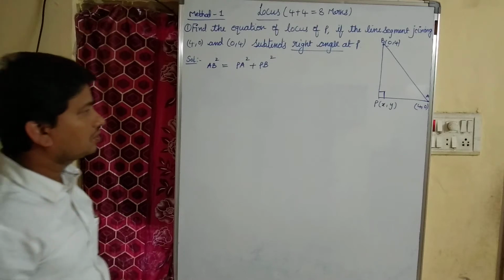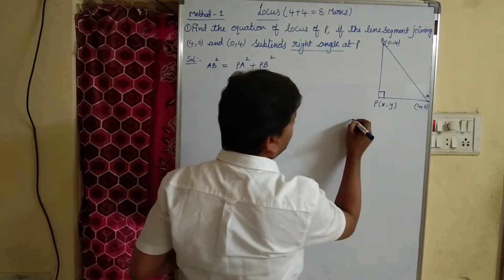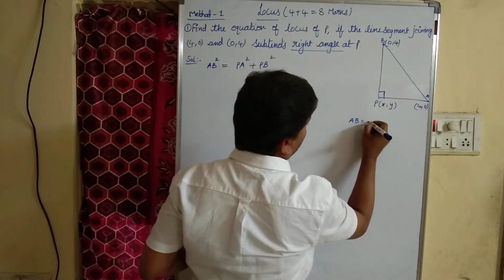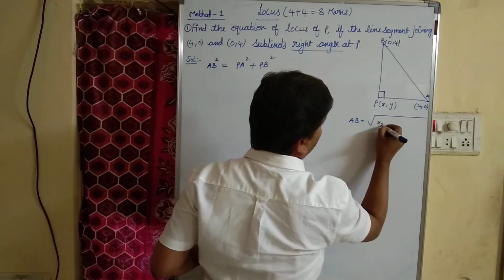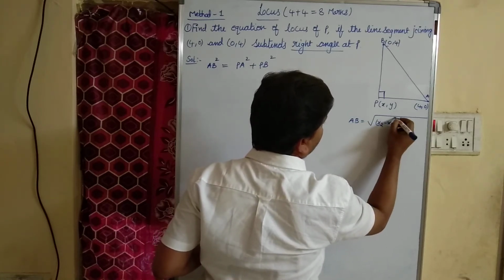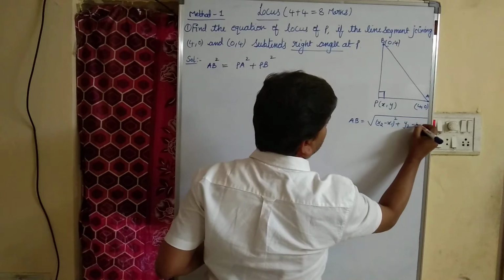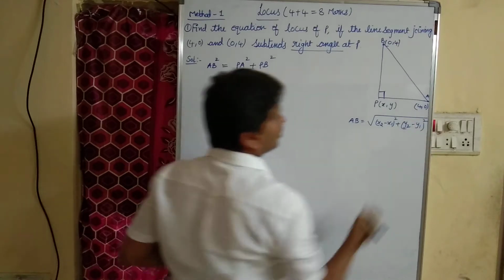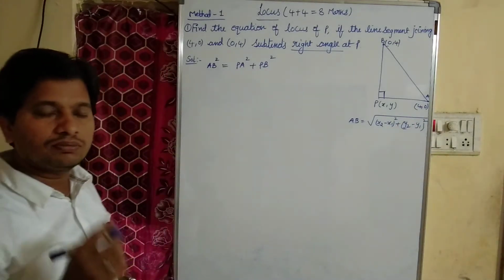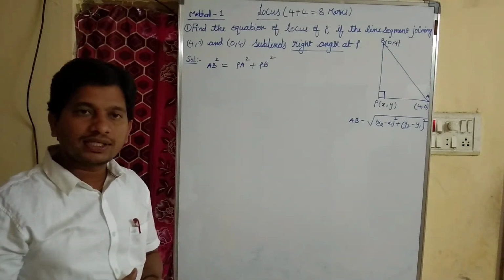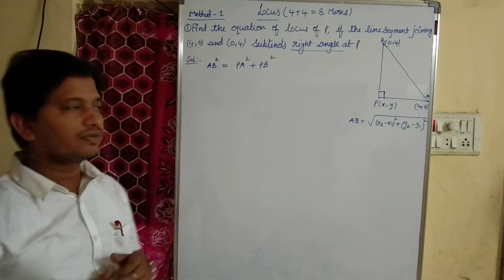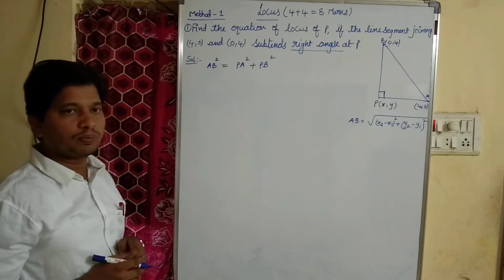Right? So we know, what is the distance between 2 points formula? Distance between 2 points formula is root over x2 minus x1 whole square plus y2 minus y1 whole square. That is the distance between 2 points formula.